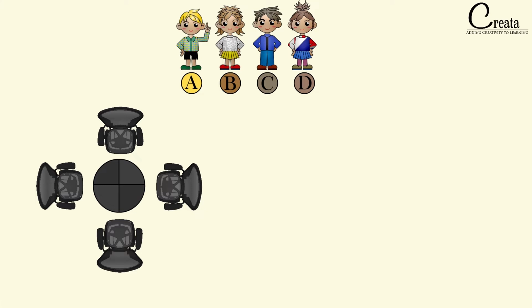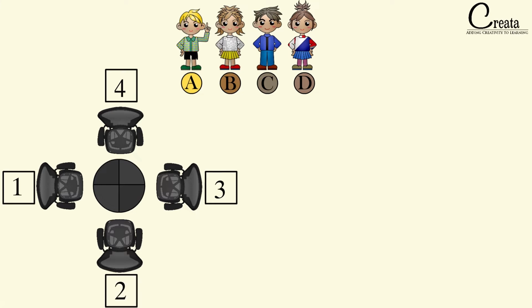Let's try to solve this. The first chair can accommodate 4 persons. In the second chair, 3 persons can sit. In the third chair, 2 persons. In the fourth chair, 1 person. So our answer will be 4 into 3 into 2 into 1, that is 4 factorial.